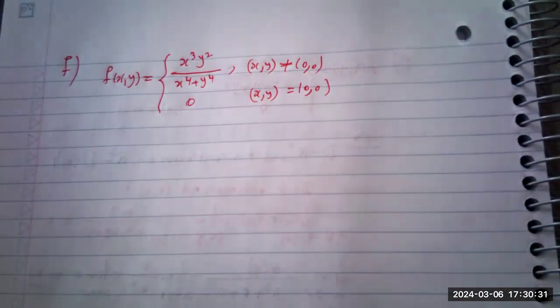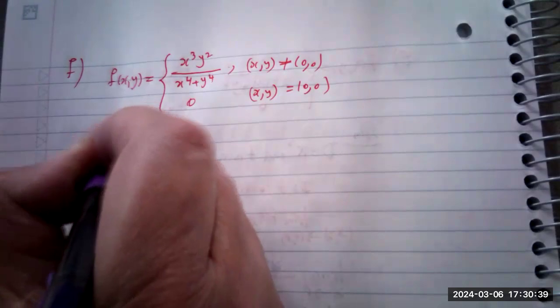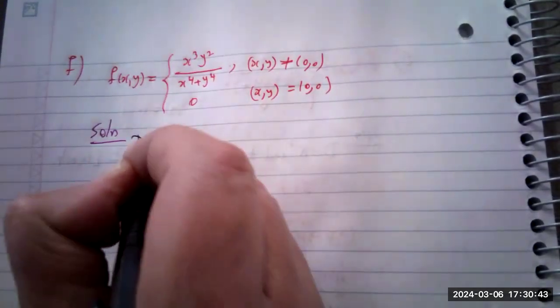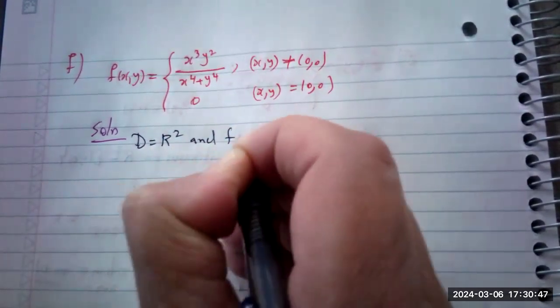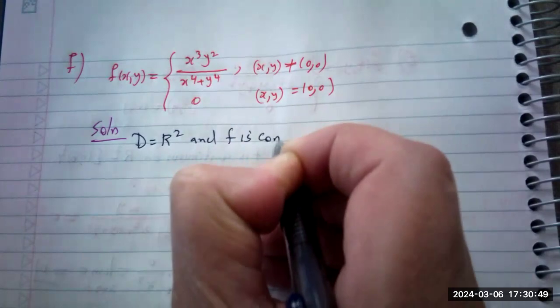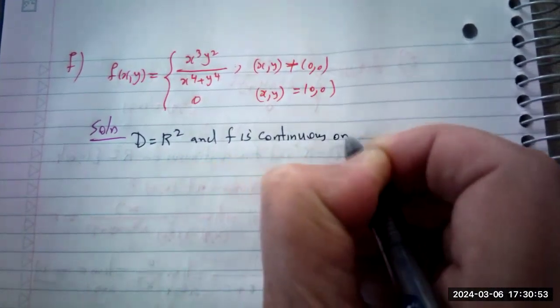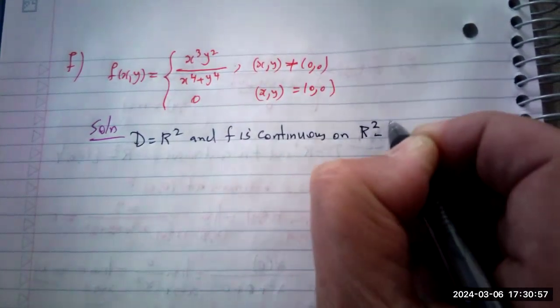This is the one where I created that inequality for you, but you have to repeat it over here. So this is going to be the solution. The domain is R squared, and f is continuous on R squared minus the origin.